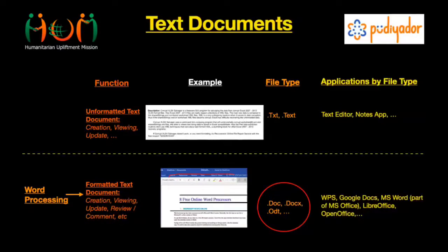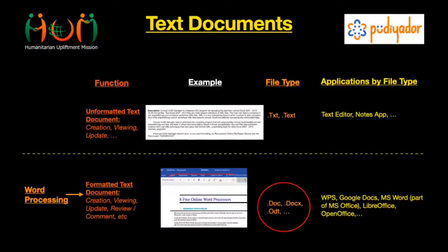Unformatted text is what you create when you use a Notes app, or actually, if you're on Microsoft Windows, there are other kinds of note apps called OneNote and all of that. In most places, when you create an unformatted text document, it will have a file extension .txt or .text.